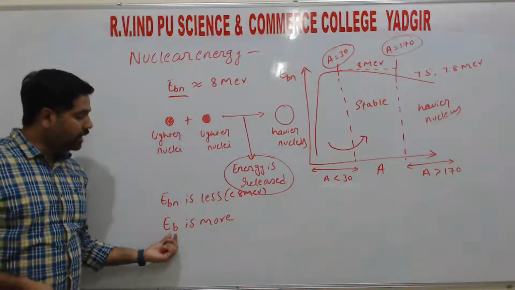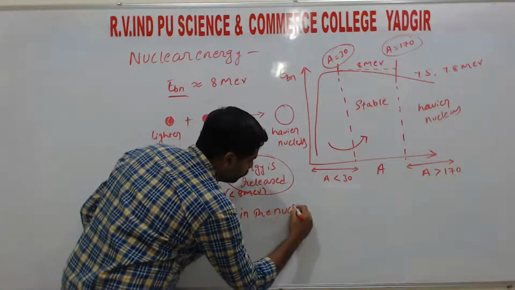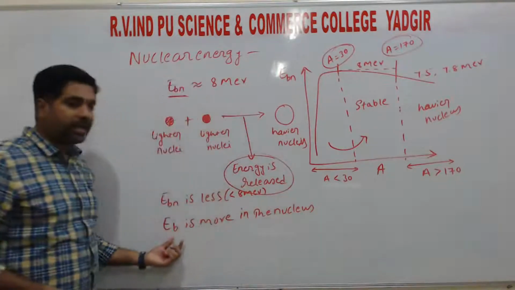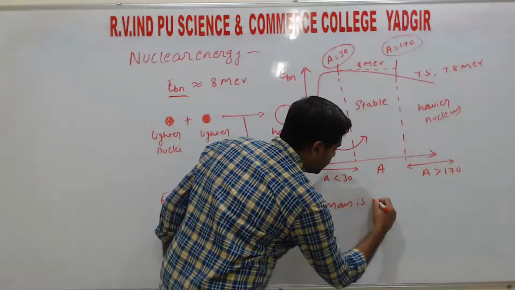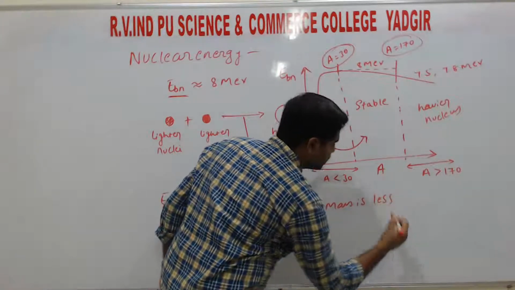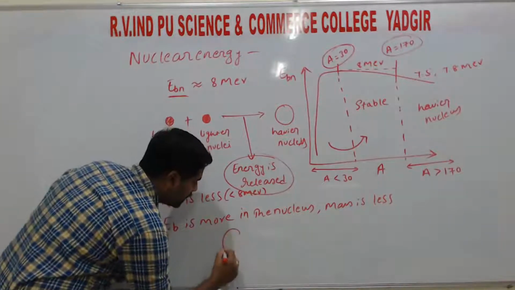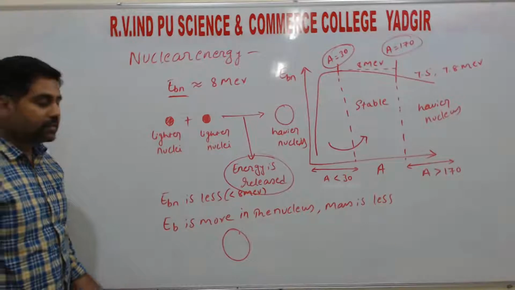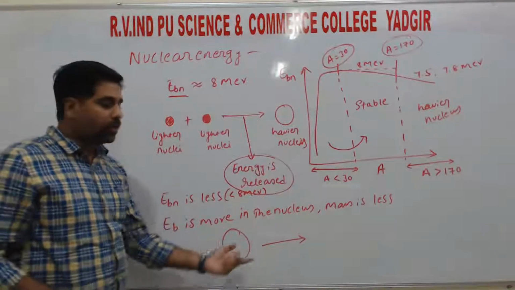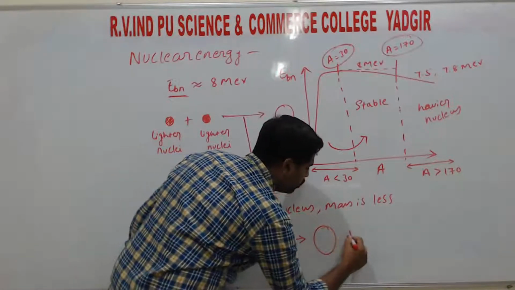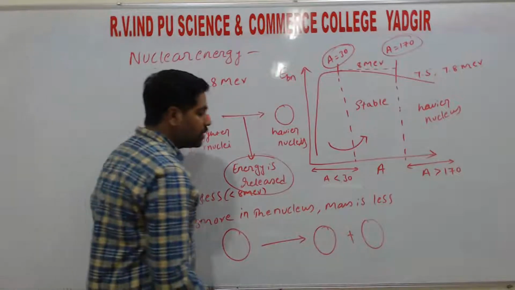So here the binding energy is more in the nucleus. As the binding energy is more, the mass is less. So the nucleus is able to divide into fragments of similar nuclei. It can divide into two lighter nuclei.